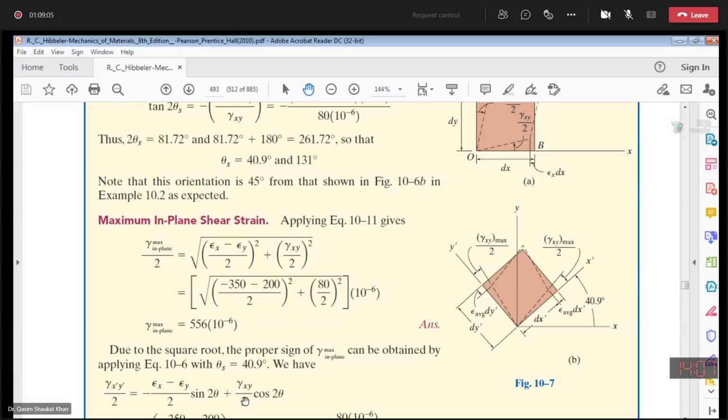In this equation, you can first put the value of theta as 40.9, and second, you can put the value of theta as 130.9. Whichever gives you the positive in-plane shear strain will be your theta S1, and the other value will be your theta S2. So first you can try with, let's say, 40.9 degrees, and let me know the value of the shear strain.